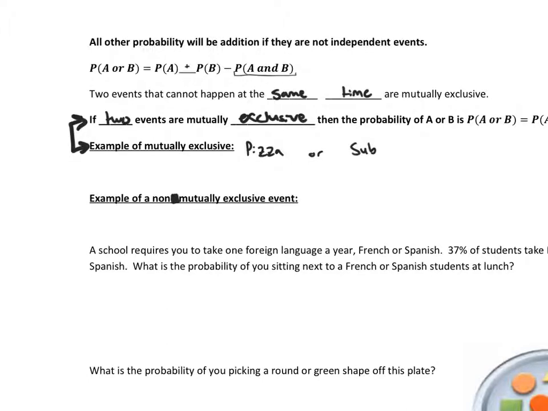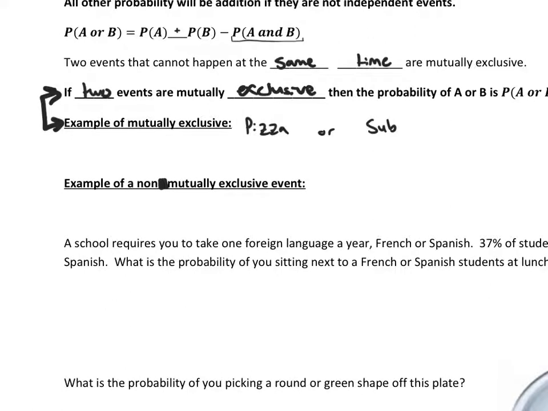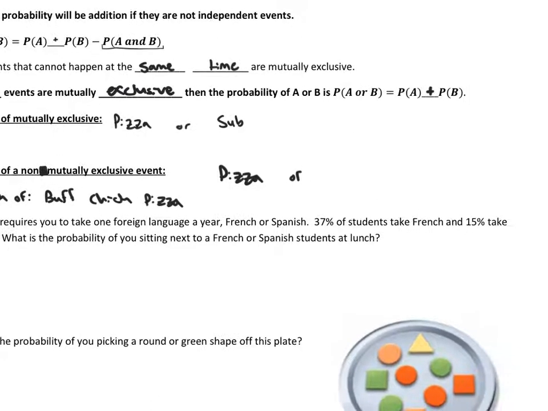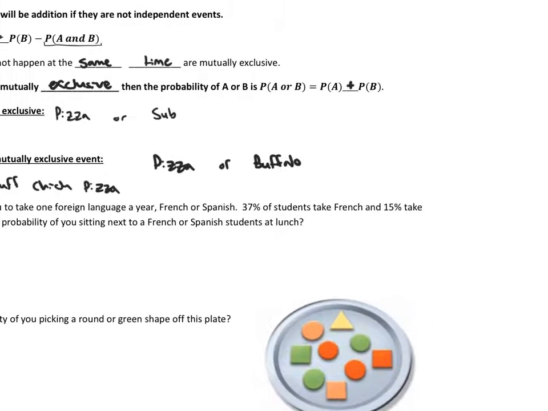An example of a non-mutually exclusive event would be something like this. Say it's the week of Buff Chick Pizza. What we want to figure out is the probability of someone getting pizza or the probability of someone getting something that has buffalo in it.